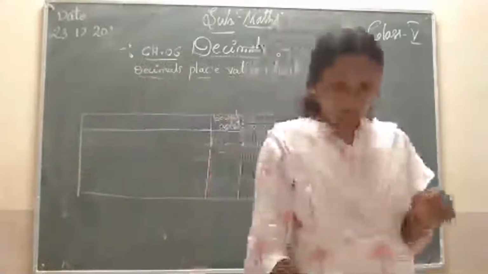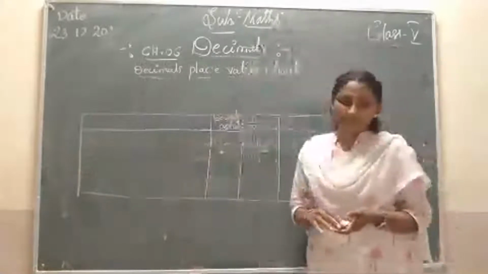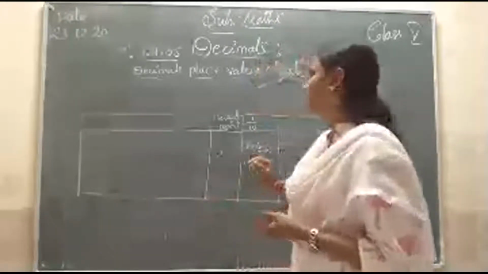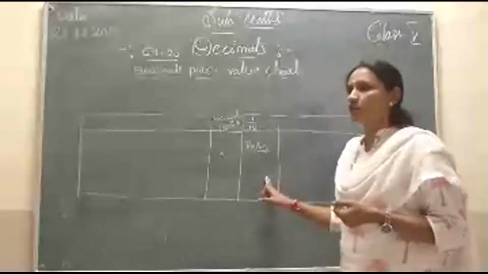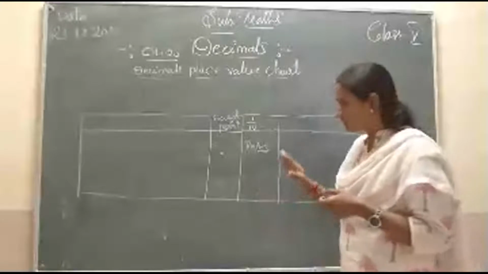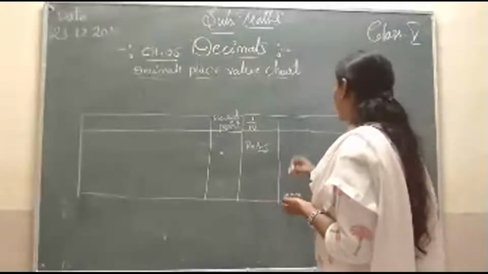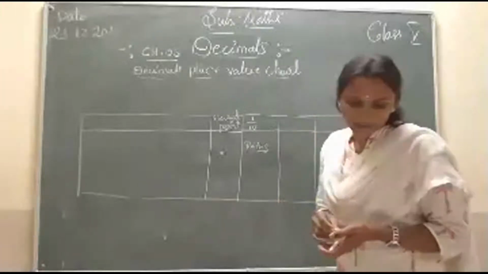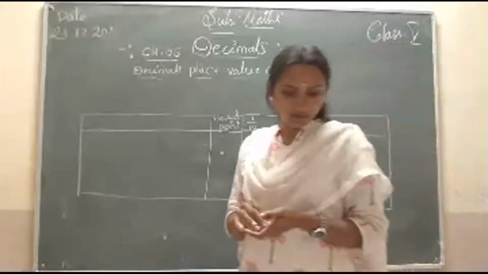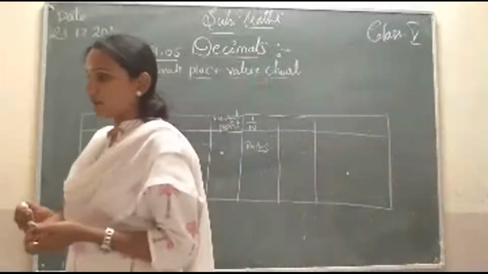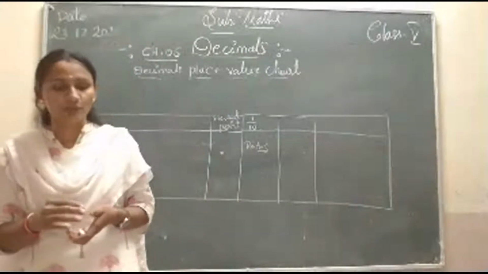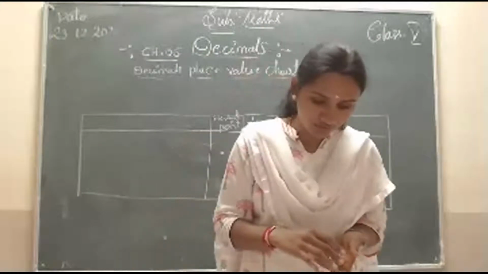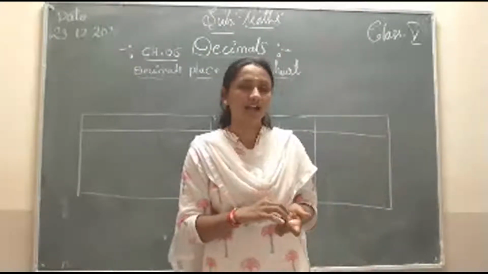So the first place, the decimals is got by dividing by 10, so that is called tenths. After that, students, what is the second place? In the second place of the decimal point, the decimal is got by dividing by hundreds.